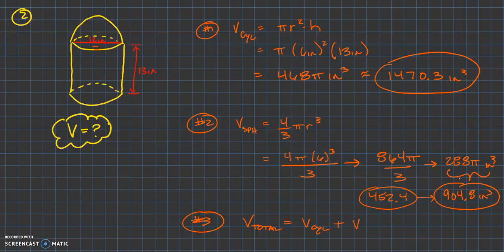So we're going to do the volume of the hemisphere. And so what we want to do now is just substitute our numbers in, 1470.3 plus 452.4. So what is our total volume? That is going to be 1922.7 cubic inches.